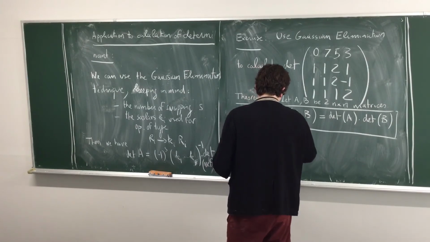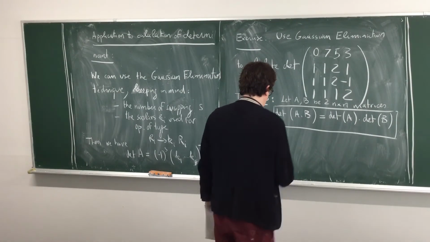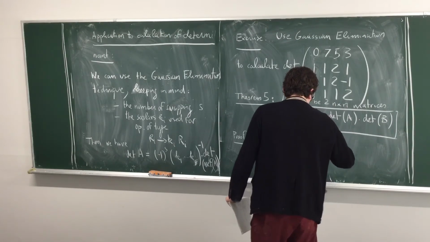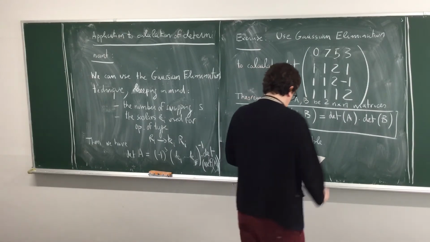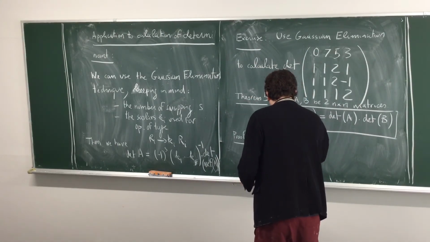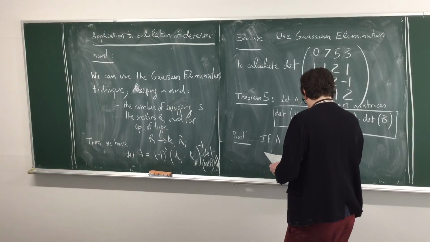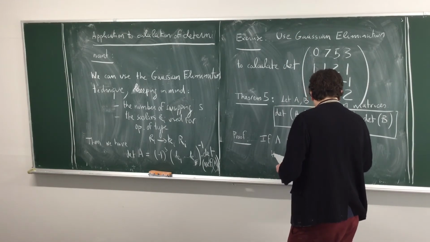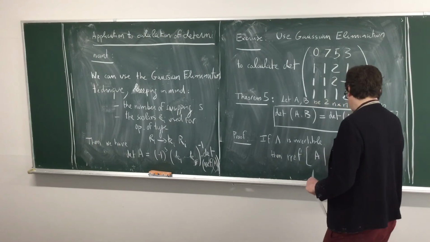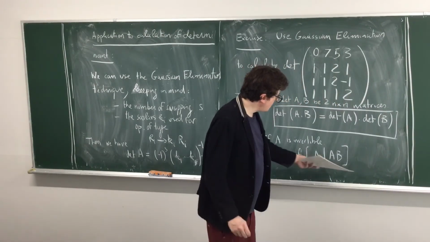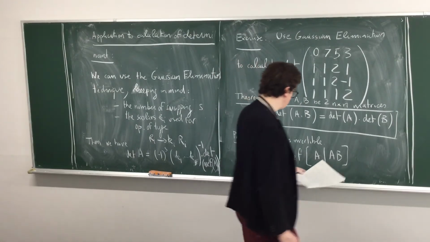First of all, if the matrix A is invertible, in this case we can compute the RREF form of the following augmented matrix: we put A on the left-hand side, and on the right-hand side we put AB.